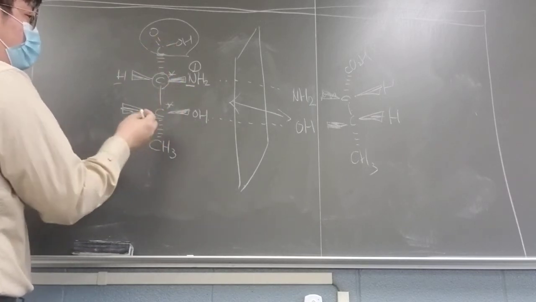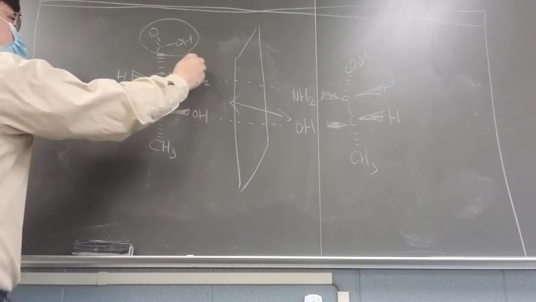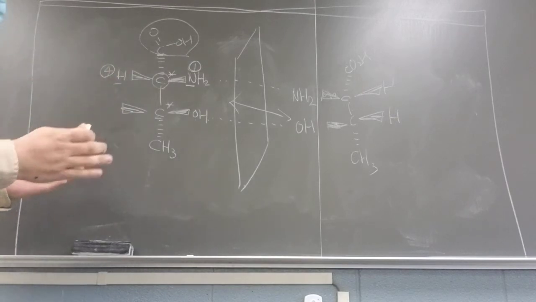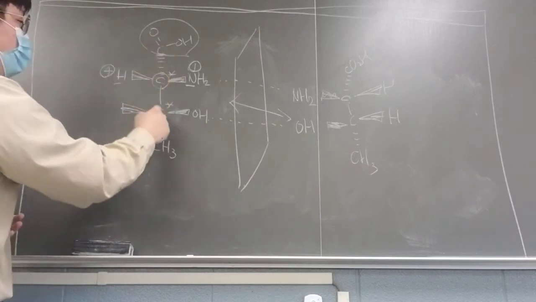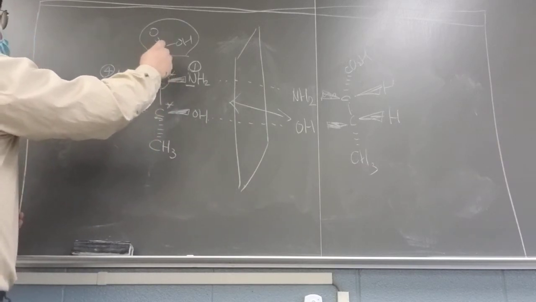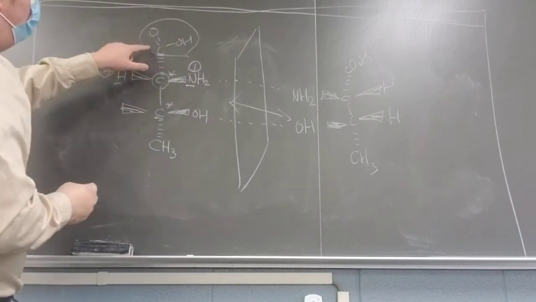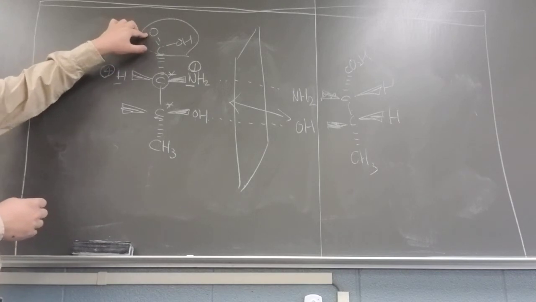So let's go one step further. This is number 1, obviously. This is obviously number 4 because it's different in atomic number. But these 2 are tied, so this is the tricky one. You have a carbon making a double bond to oxygen over here, right?